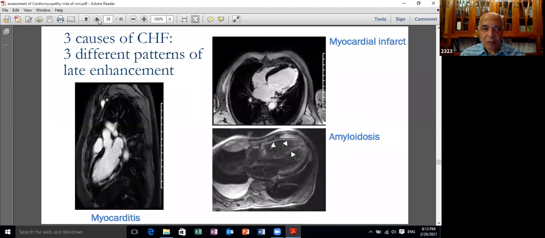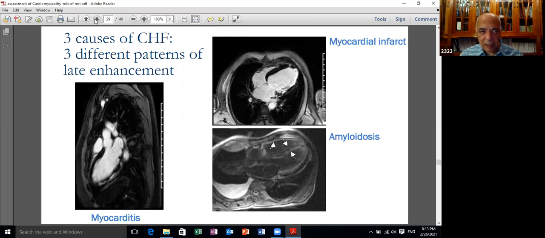The three causes of congestive heart failure that produce different patterns of diagnostic delayed enhancement is here. An epicardially based delayed gadolinium enhancement signifies myocarditis, and subendocardially based delayed gadolinium enhancement connotes the presence of a myocardial infarction, and a circumferential location of the delayed enhancement denotes AL amyloidosis.